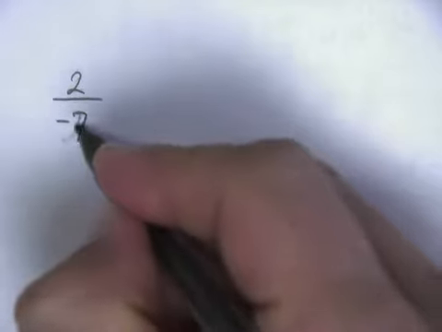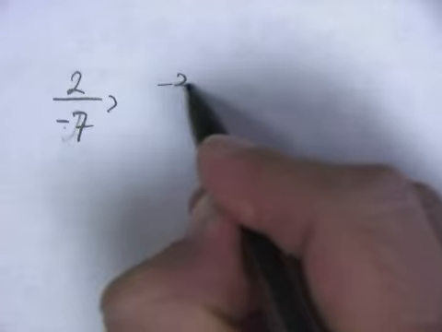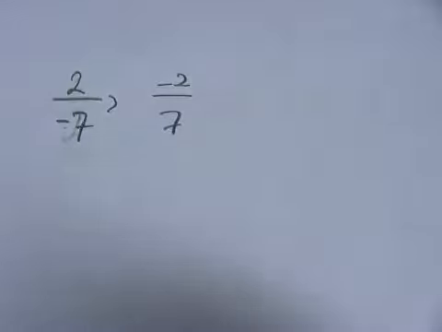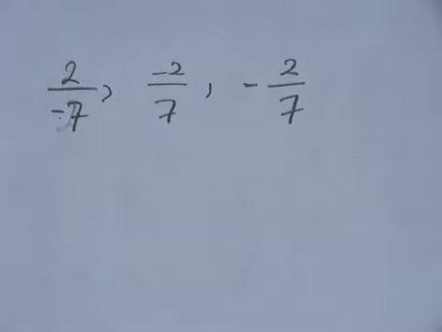Let's go 2 over negative 7. The negative, as we see it, is downstairs. I can write it upstairs, or I can write it out in front. You need to know that all 3 of those mean the same thing.